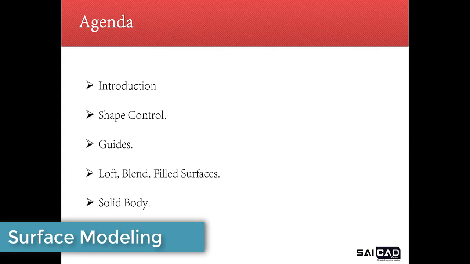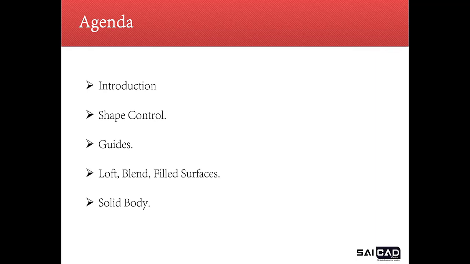So in this training we will cover the introduction of the SolidWorks, then introduction of the surface modeling. After that we will go for the shape controls in the surface modeling, how to control the shape of surfaces. Then we will cover how we can guide the surface.